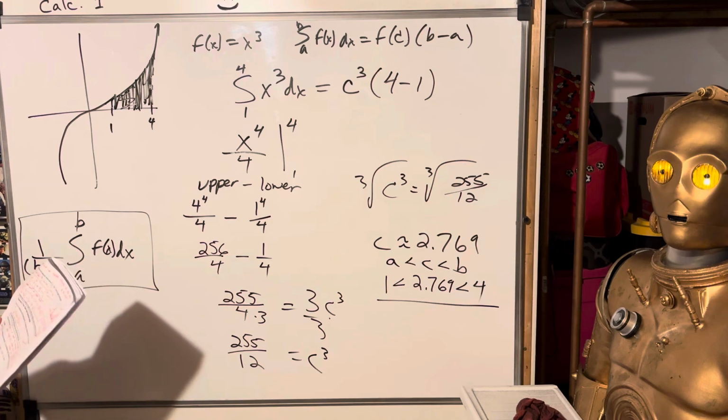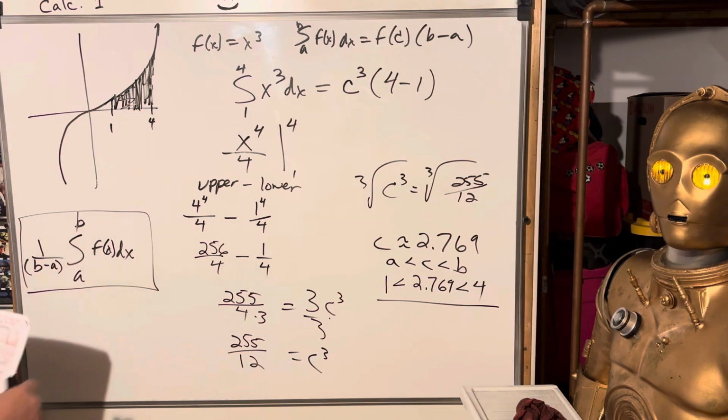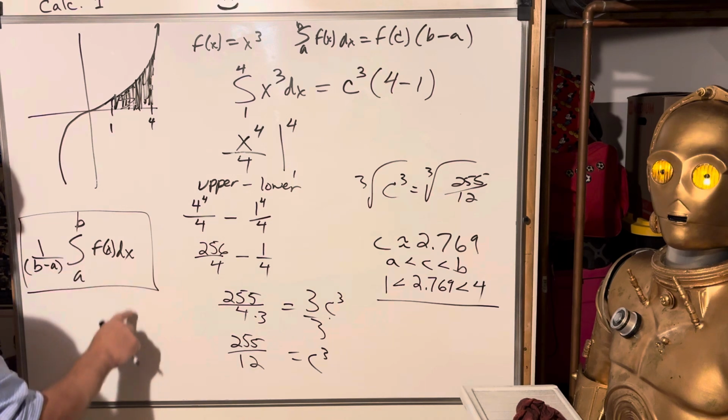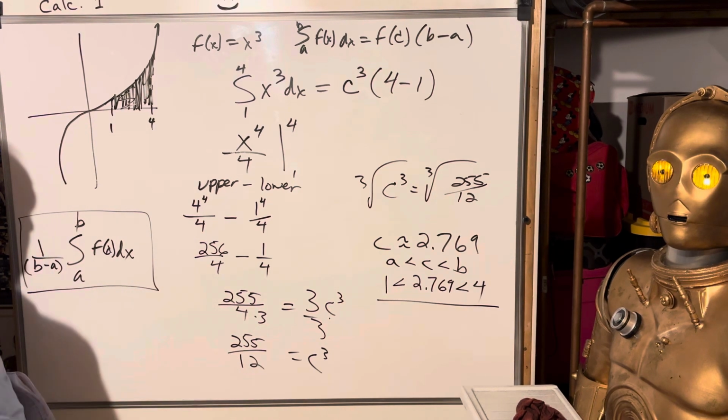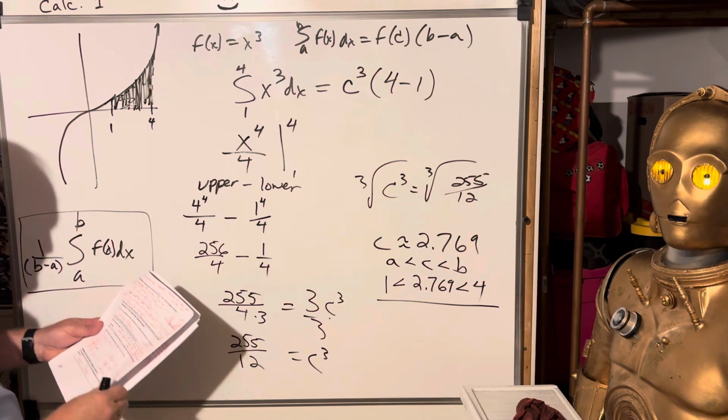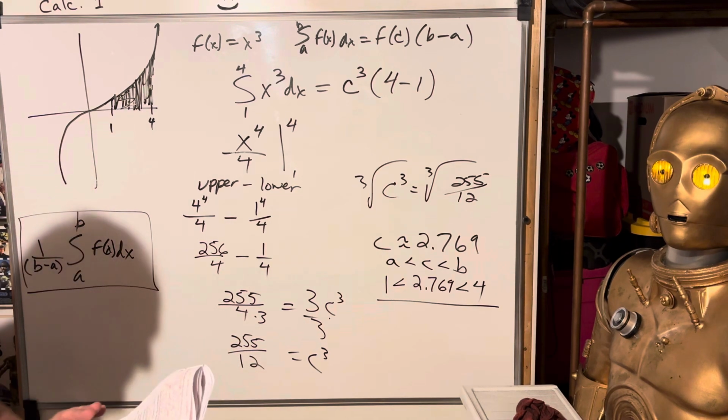So that's the definition of the average. If we take this minus this, put it on the bottom, and then multiply it by the integral, you'll get what we consider to be the average.